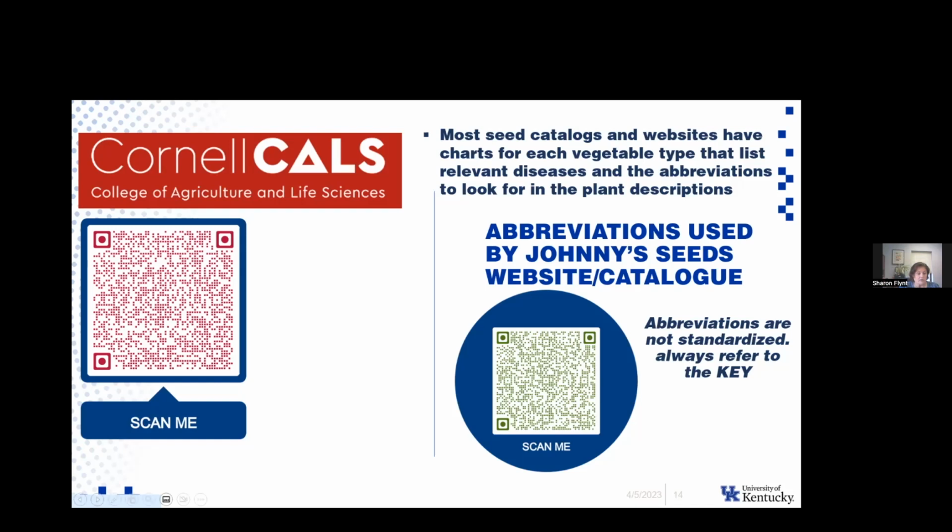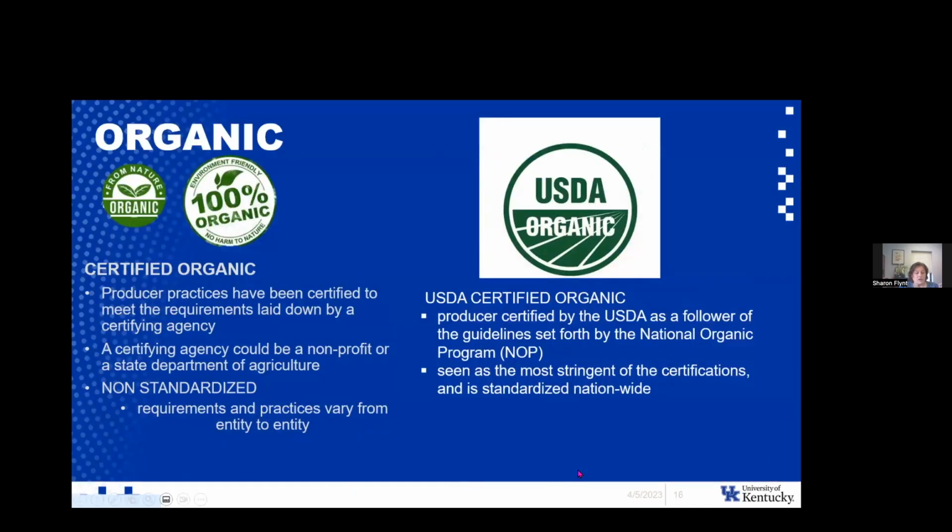Another thing that you will see on your seed packets a lot of times is concerning organic production. So you will either see organic symbols like this, or it may say certified organic.